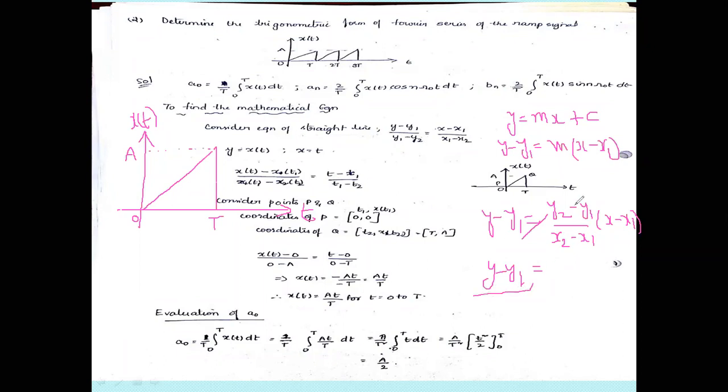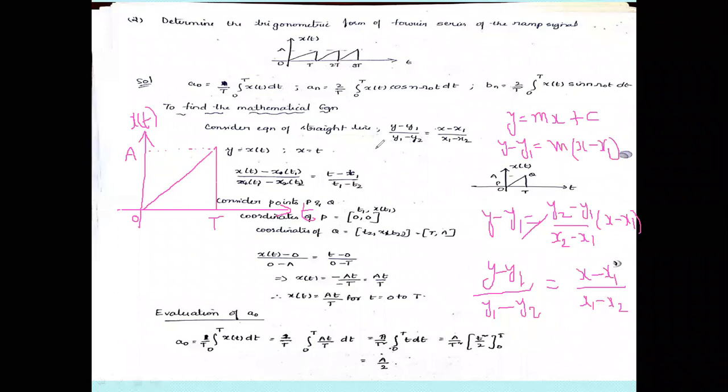So y minus y1 over y1 minus y2 is equal to x minus x1 over x1 minus x2.